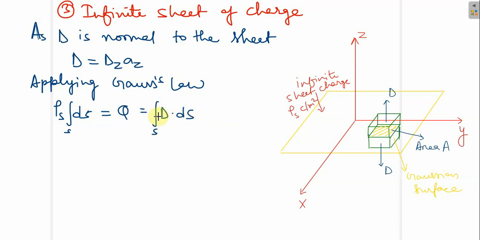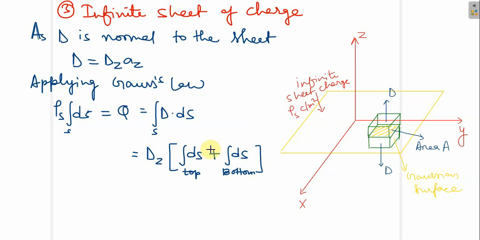So now D is acting along two directions, okay, one is top and another is bottom. So we can redistribute it, and D can be written as Dz, and this surface can be further redistributed, that is ds along the top plus ds along the bottom.